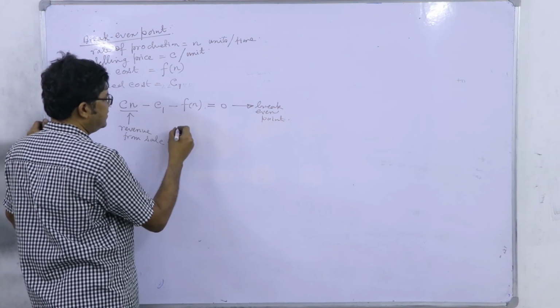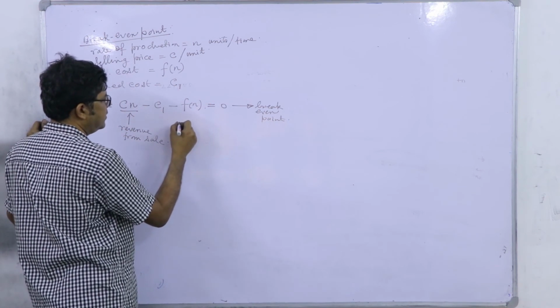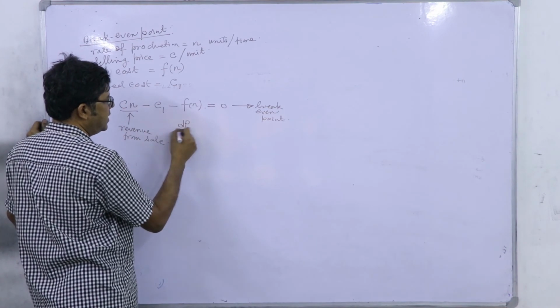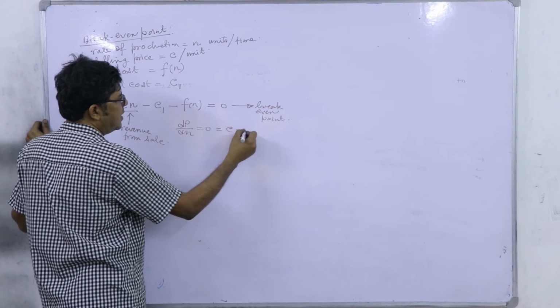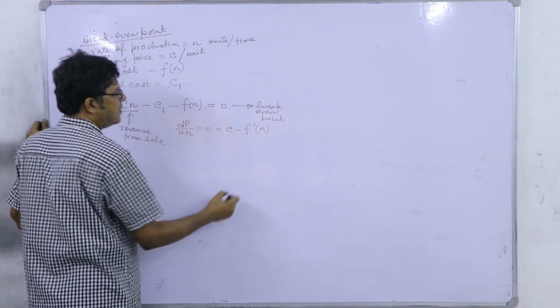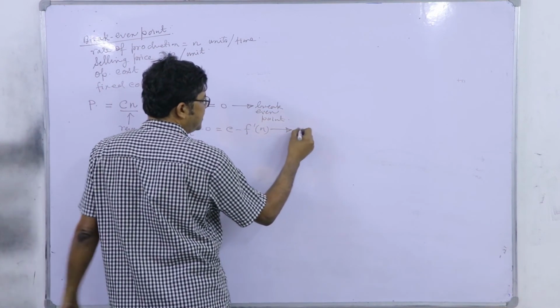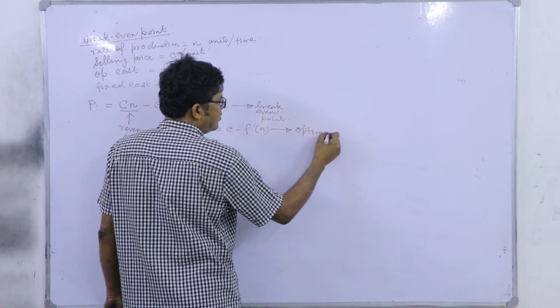And we maximize profit by going by dP/dN equal to 0. So, it will be C minus the derivative of F with respect to N. So, that is the optimum production.